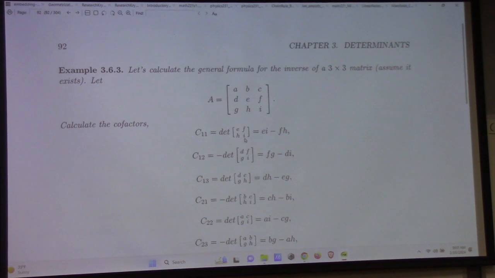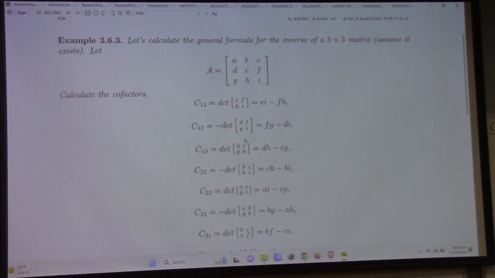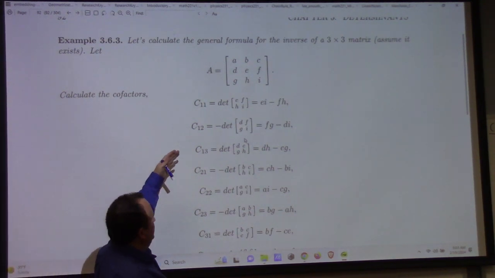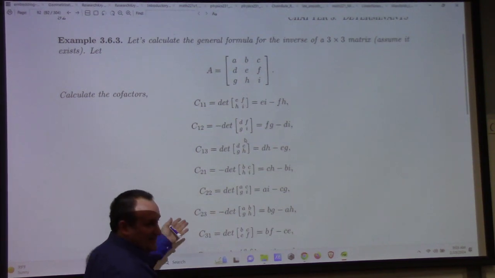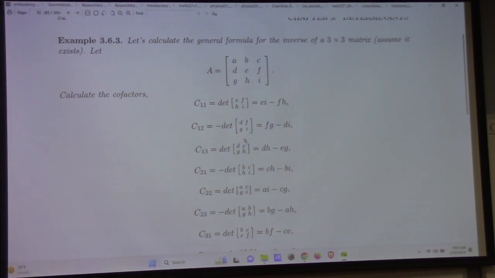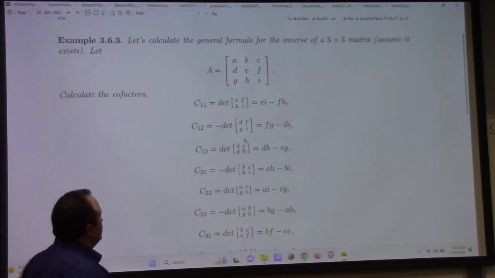I tried. But anyway, here's the thing I urged a student once upon a time never to memorize. Here's a 3x3 matrix, and here are the cofactors. The cofactor matrix is a little bit annoying, but it's just what it is.